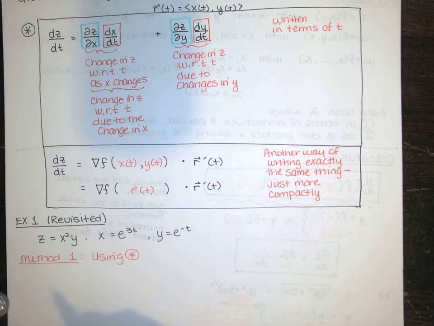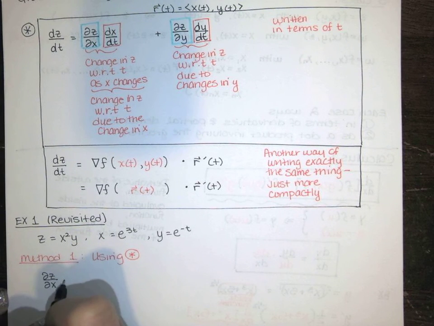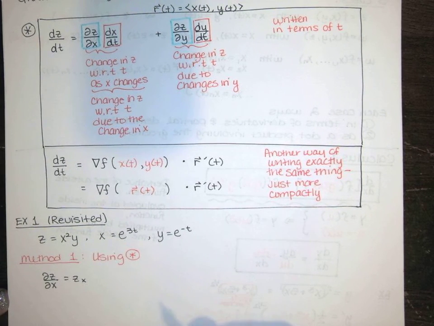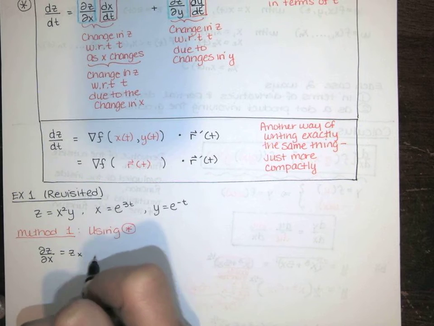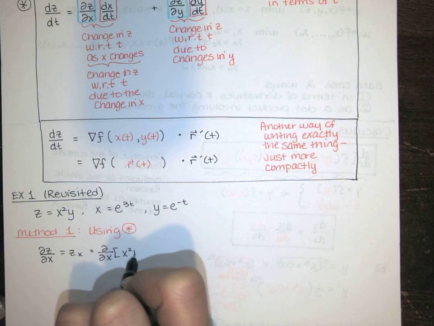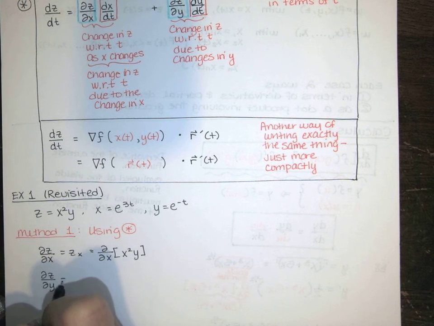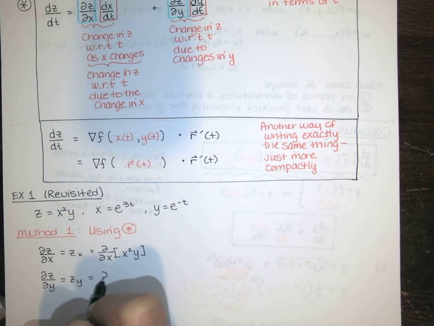The first thing we'll do is compute the partials of z with respect to x and y. So you can write it this way if you want, or you can write it using subscript notation, that's fine. But you're going to compute those partials with respect to x and y.